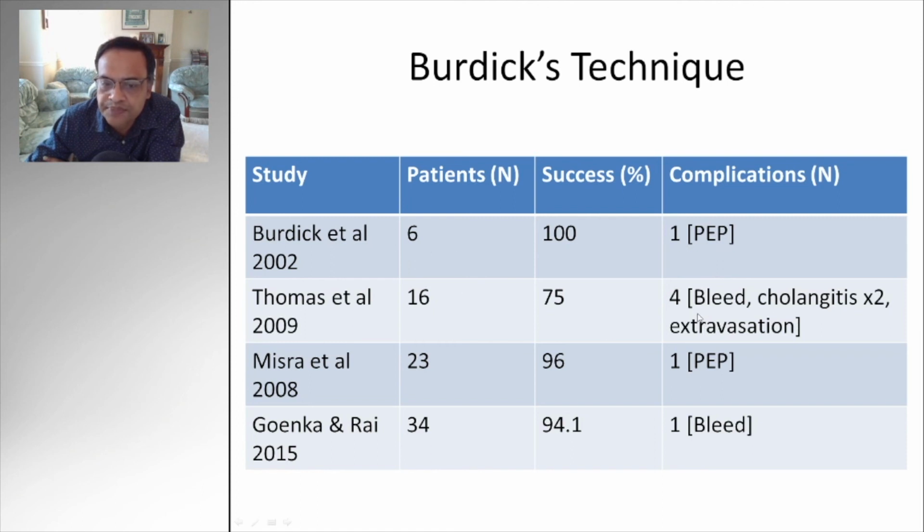In the second study, there were 4 complications amongst the 16 patients, with 1 bleed, 2 episodes of cholangitis, and 1 extravasation of contrast. In this study by Misra, there was 1 case of post-ERCP pancreatitis amongst the 23 patients, and in this larger series of 34 patients, there was 1 procedure-related bleed.